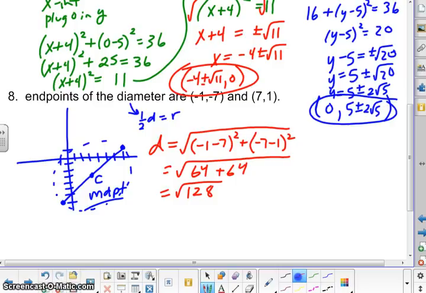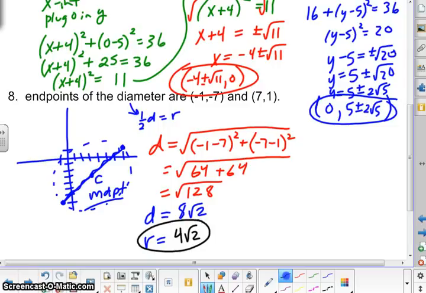And then we'd have to find the square root of that in simplified radical form. All right, so you get 8√2 as the distance, which again is also the diameter. And if you take half of that, the radius is going to be 4√2. So we'll come back to that in a second.